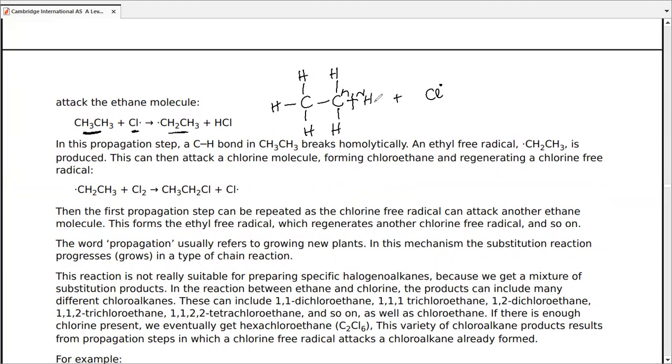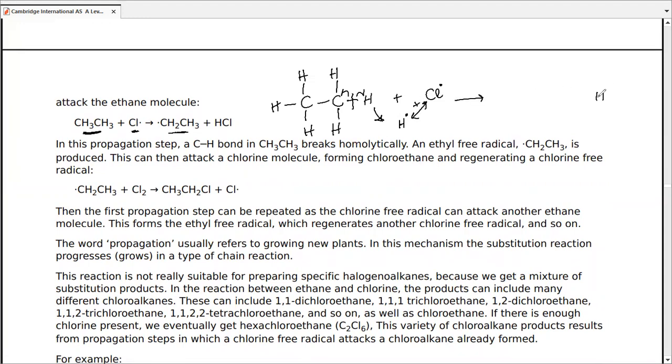Remember, you always show them with half arrows, fishhook arrows, I mean, but not both at the same time, one pointing towards one another, another pointing towards another atom. Now, I hope you understand that hydrogen comes out of it not as positively charged, but as a free radical. And these two actually combine together to form HCl.